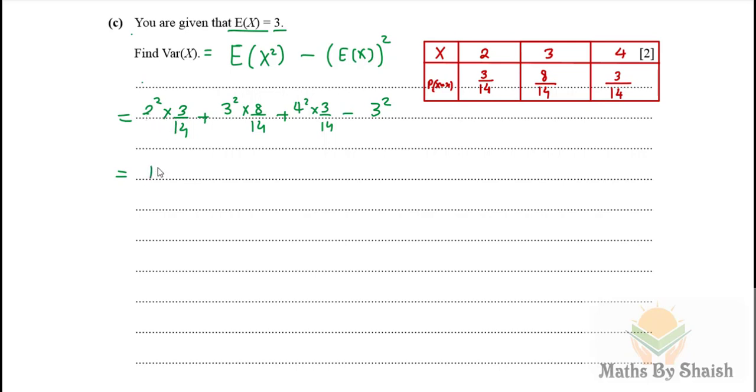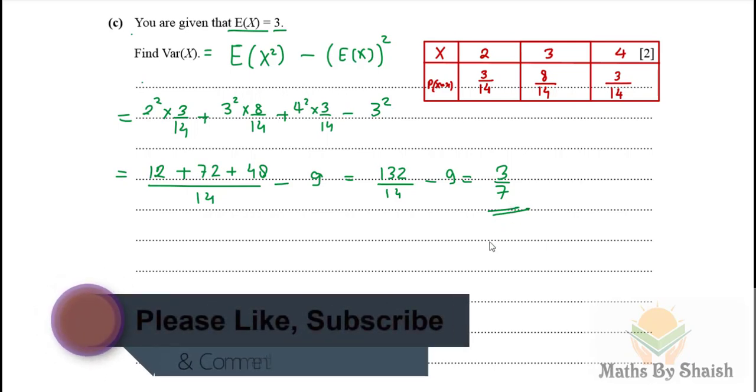So we get 4 3s are 12, plus 9 8s are 72, plus 16 3s are 48, over 14, minus 9. 48 plus 12 is 60, 62, and this plus 70 is 132, over 14 minus 9, and this value is 3/7. So variance of X is 3/7.